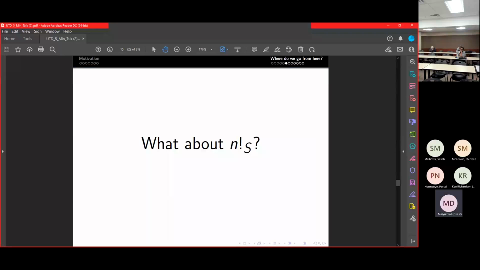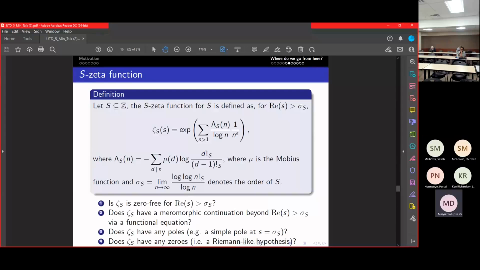So given this information, I asked myself, can we do something similar with the Bhargava factorial? So if I define the S zeta function for S defined as such for real part of s greater than sigma sub S, where sigma sub S is defined by this limit, which denotes or is defined as the order of S, and I have this von Mangoldt-looking function, which is defined by this term, I ask myself, is this zero free?